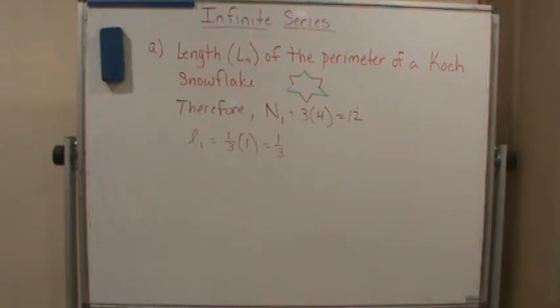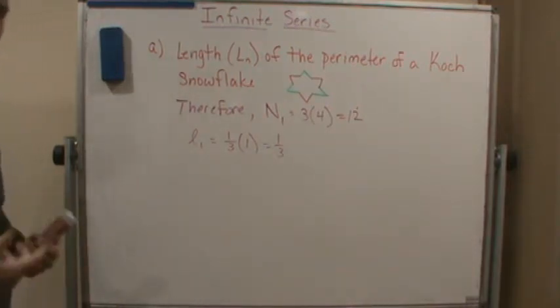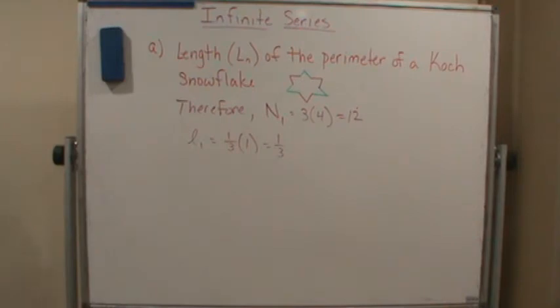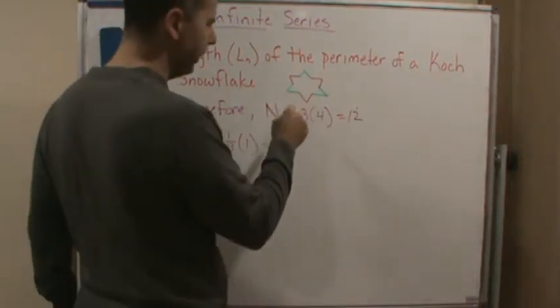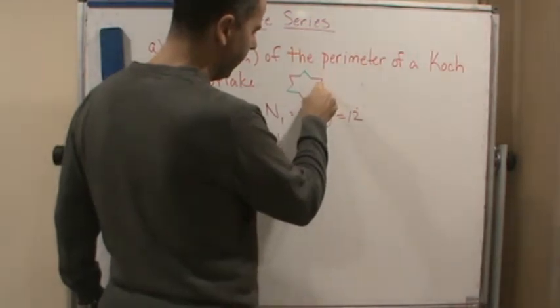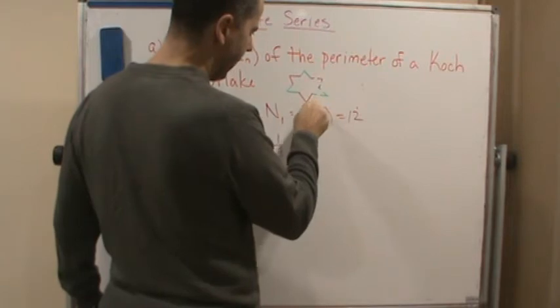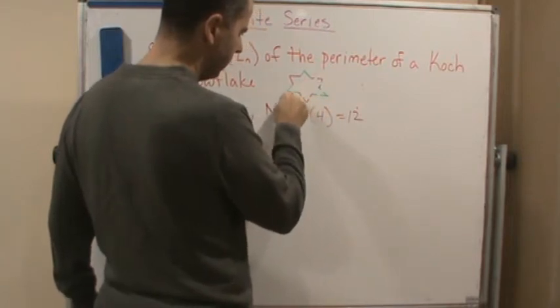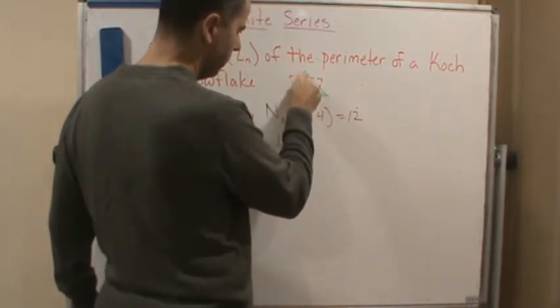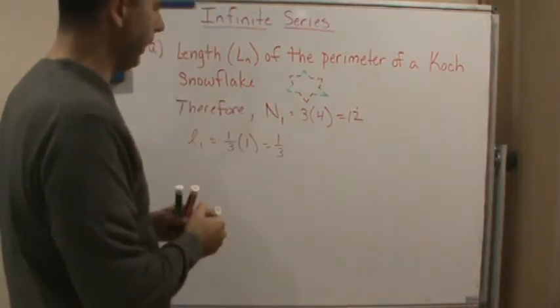Okay, now for F2, we can do the same thing similarly with F2, right? Since the middle third of each side of F1, so now this is F1, now what we're going to do is we're going to take the middle third of each side, right?